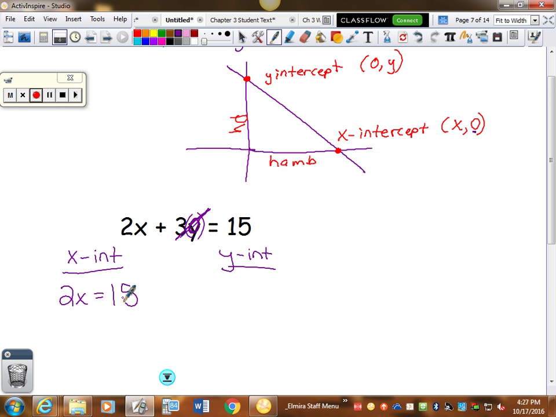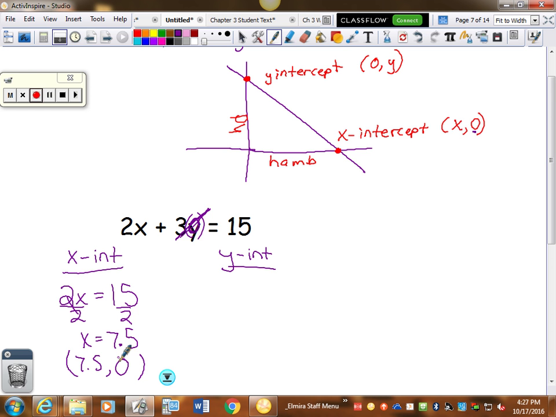I would really just have 2x equals 15. Divide both sides by 2, and x is 7.5. Then to write it in coordinate form, it would be 7.5, comma, 0.